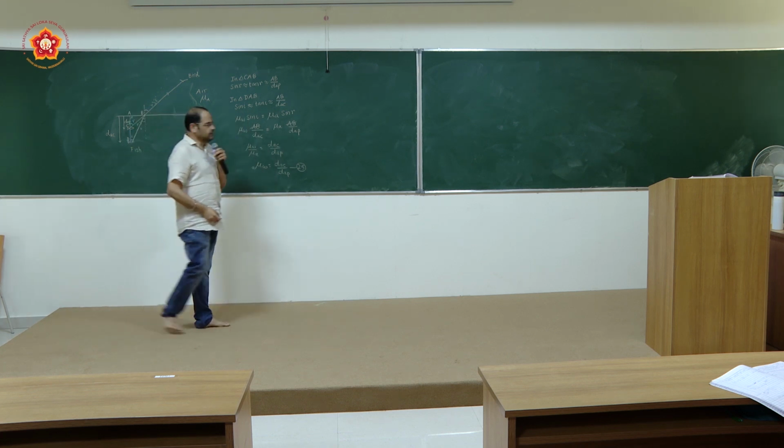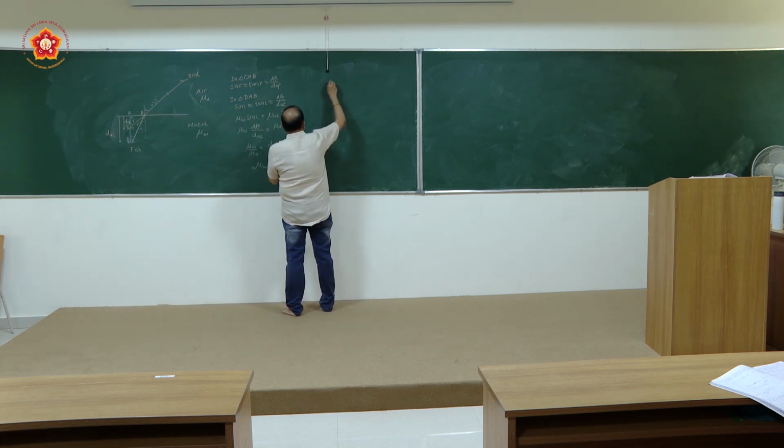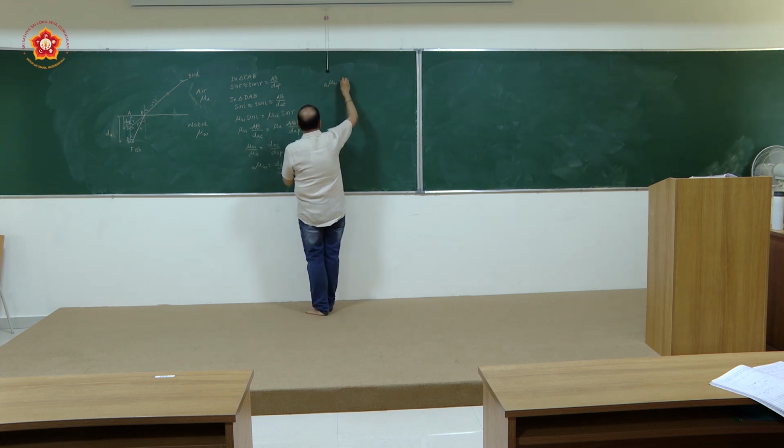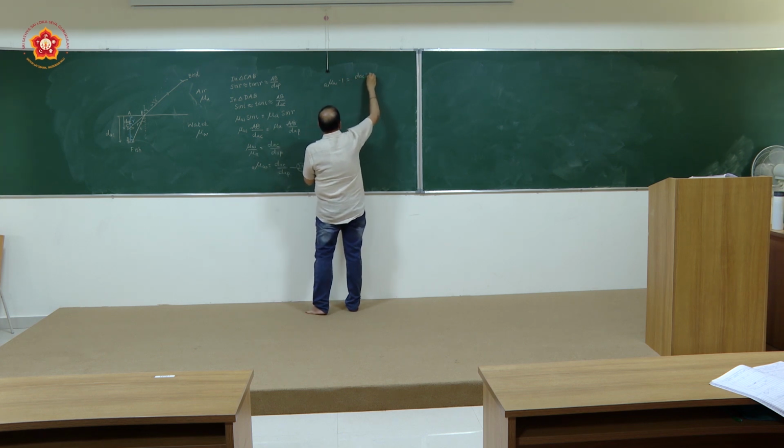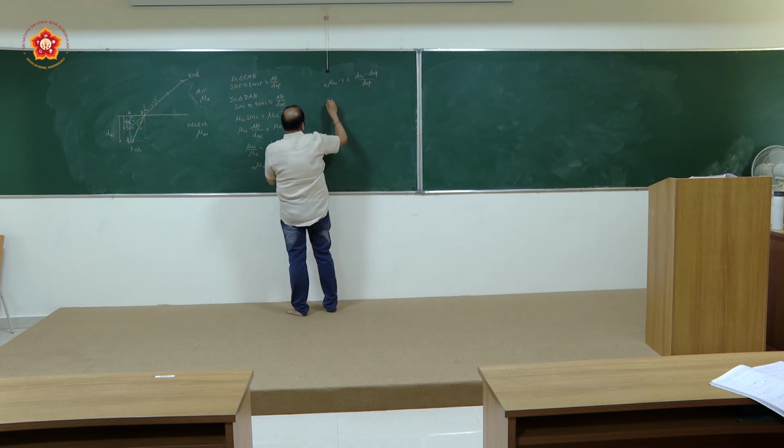Right? I can put down this relation as refractive index of water with respect to air minus 1 is equal to D actual minus D apparent divided by D apparent. I can rewrite this as change in depth.